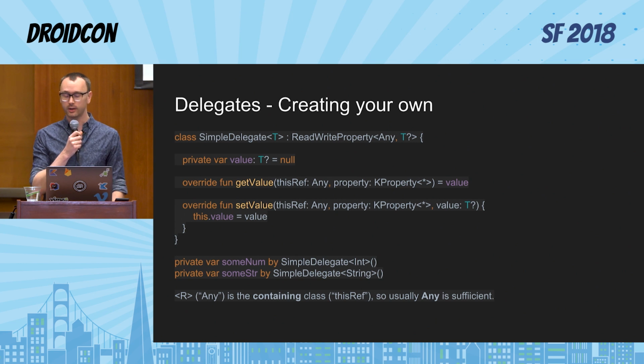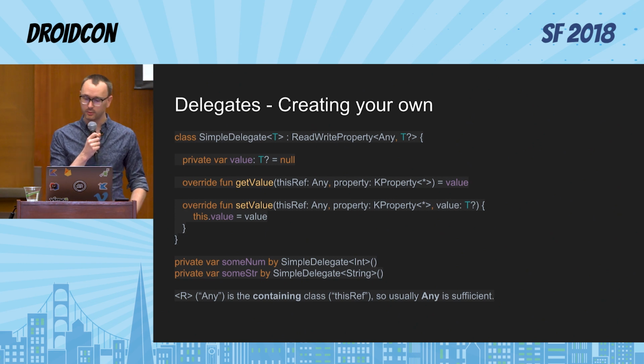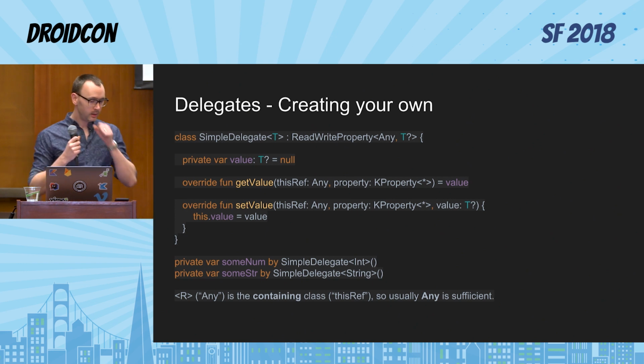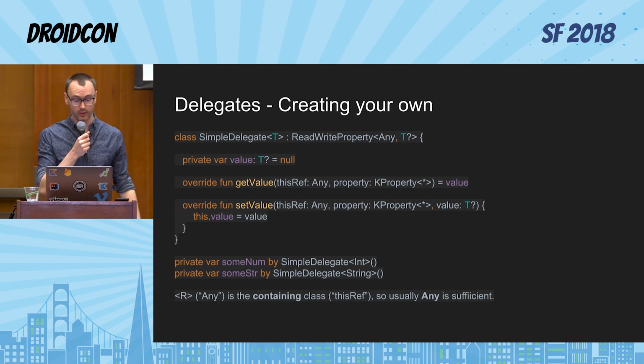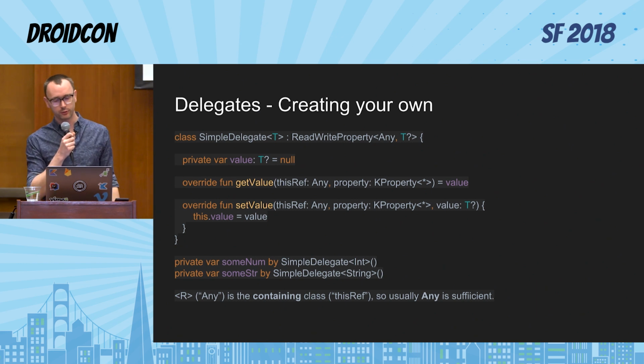The 2 generic types on this interface to build a delegate: the second one's probably pretty simple. It is the variable type that you're working with, right? So in this case, we just sort of punt that to the client so that they have to provide it. The first generic property there is maybe less obvious. That has to be the type of the thing that contains your delegate.